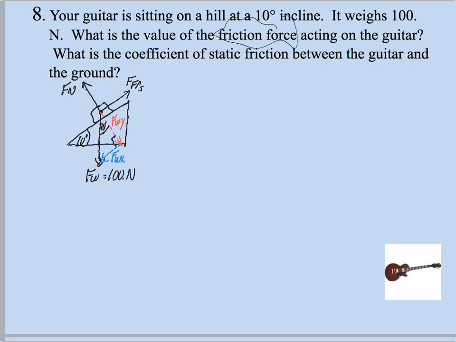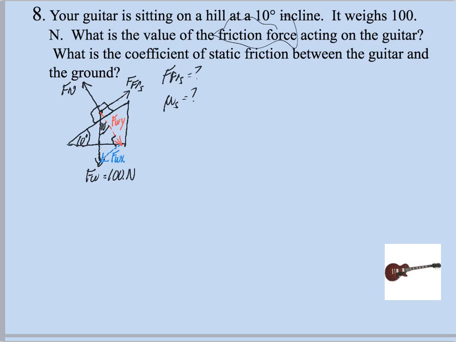So what are we supposed to do? We're supposed to find the friction force. And we're supposed to find the coefficient of static friction. Well, to find the coefficient of static friction, what do I need?